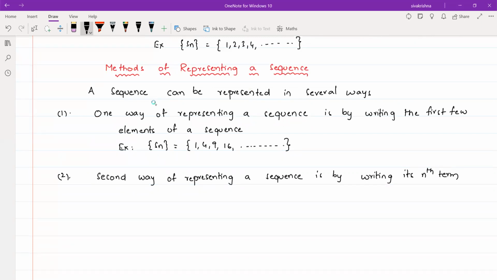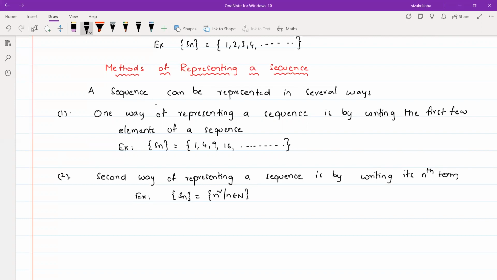By writing its nth term. For example, sequence Sn is equal to sequence of n square such that n belongs to N. So here I have just written only the nth term. So where n belongs to N. So here N is nothing but set of all natural numbers. If we select 1 from capital N, we get 1. And 2 from capital N, we get 4. Next 9. Next 16, 25, and so on.